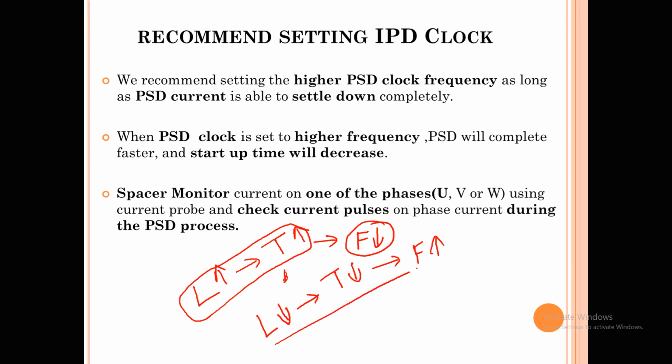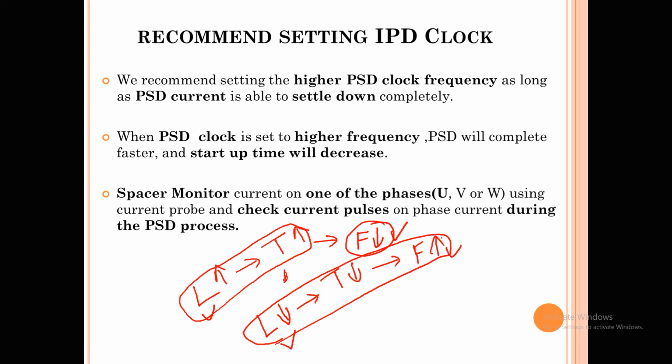So if your motor is having a very high inductance, you need to select the lesser value. If your inductance value is very low, then you have to select the higher frequency.